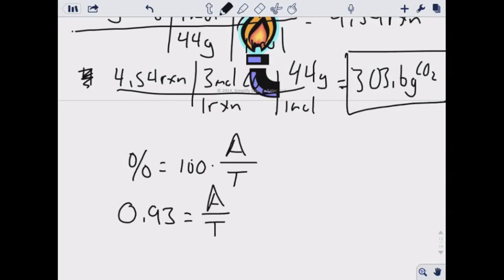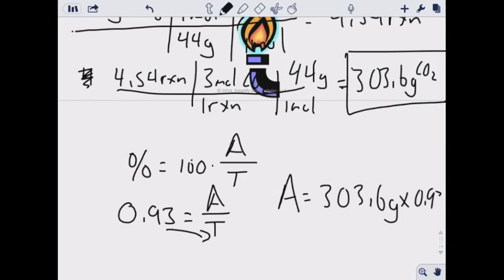And to find our actual, we just multiply that by our theoretical. So our actual is going to equal 303.6 grams times 0.93. If we start with that much of our reaction, it'll give us an actual yield of right around 282.3 grams of CO2.